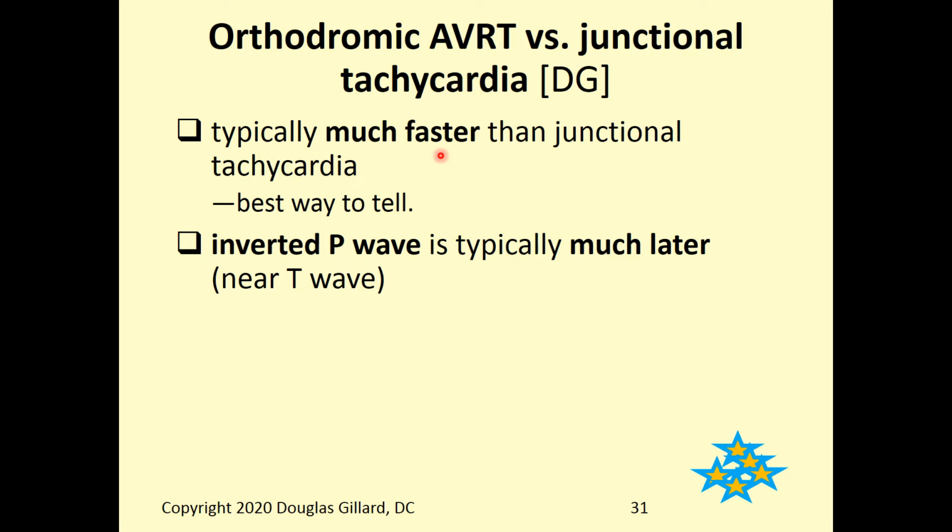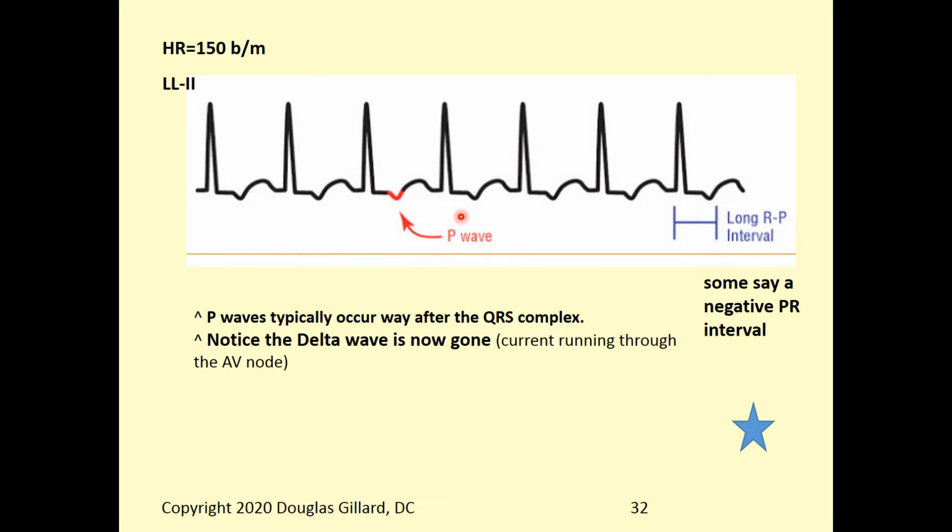But for our testing purposes, if you see one running 180, even 150, 160 beats per minute, it's going to be orthodromic AVRT. If it's running 120 or so, it's going to be a junctional tachycardia. So we'll keep that distinction. But in reality, it can be really difficult to tell these apart.